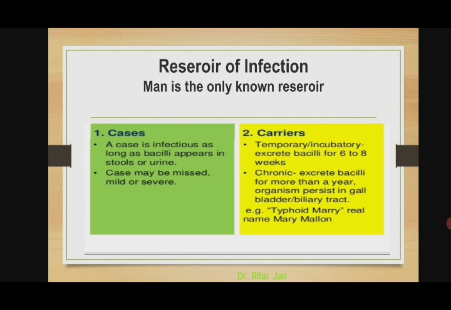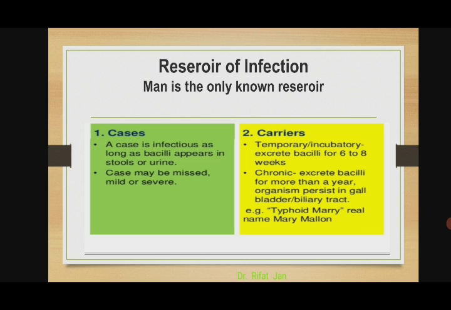A case is infectious as long as bacilli appear in stools or urine. A case may be mist, submerged, mild, or severe. Carriers are temporary or incubatory, which excrete bacilli for 6 to 8 weeks.